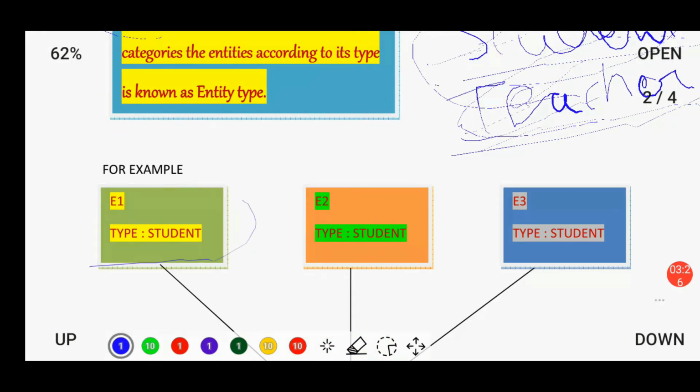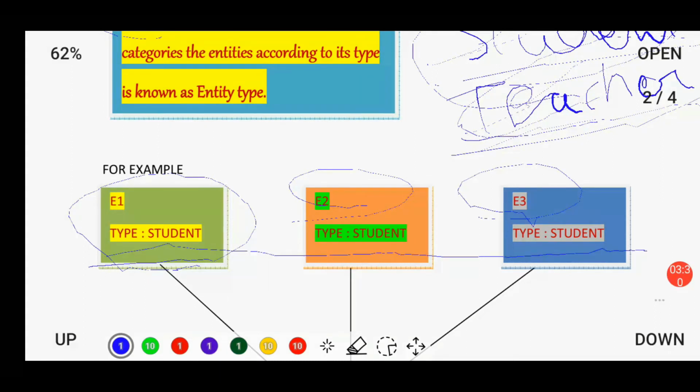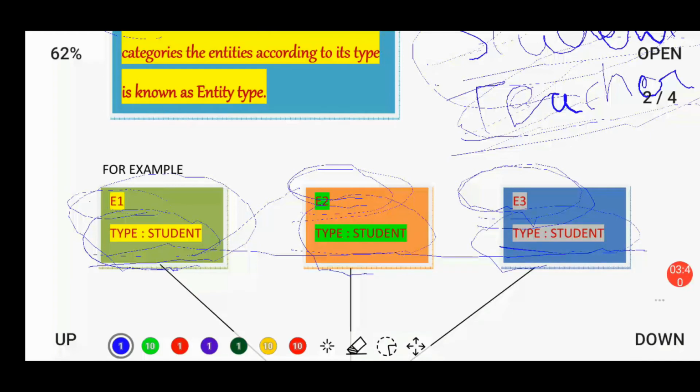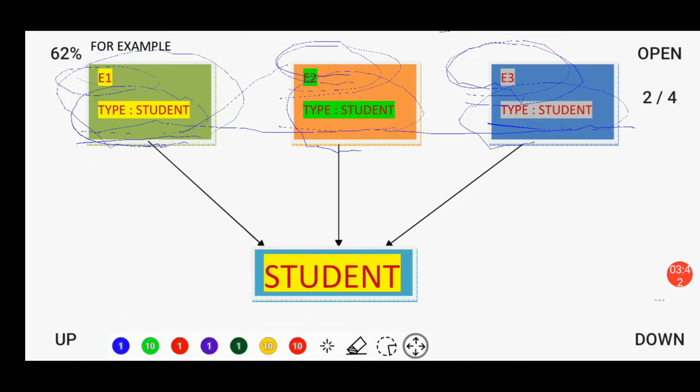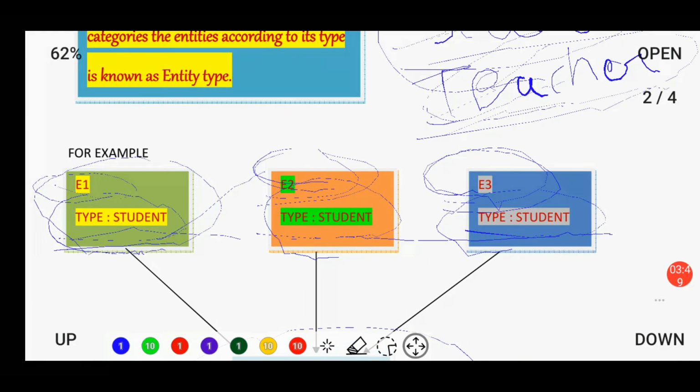Suppose three entities are given, E1, E2, E3, and all three are students. These are physical entities, and their type is student. So they all come under a single entity category, that is the student.